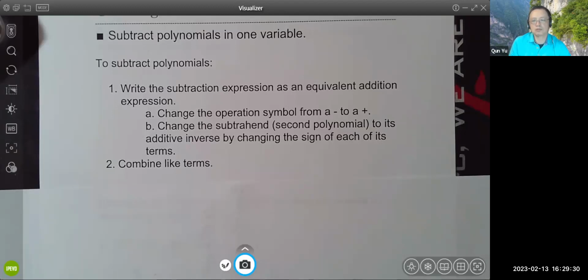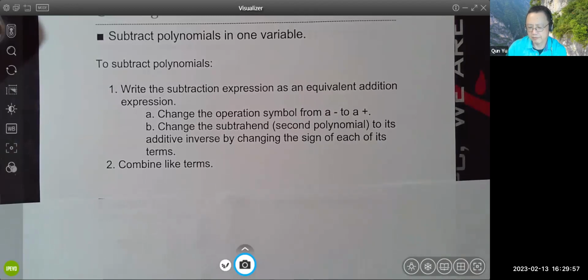You can just do subtraction directly. For example, say 5 minus 4, you don't have to convert it to 5 plus negative 4, right? It's just practice. Since this subtraction part of polynomials may be new to some students, but just like 5 minus 4, you can do it directly after some exercise.